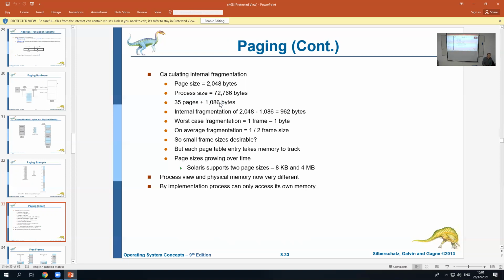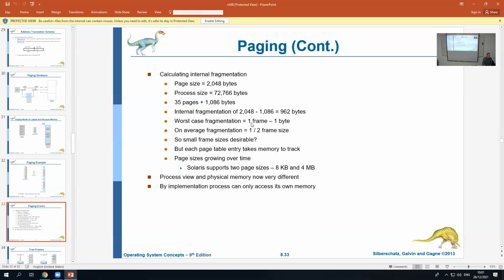But now the question is, how much fragmentation is there? How much of that last page are we not actually going to use? So that's subtraction. 2,048 minus 1,086 is 962 bytes. That is the amount of internal fragmentation in that example. What's the worst case fragmentation?